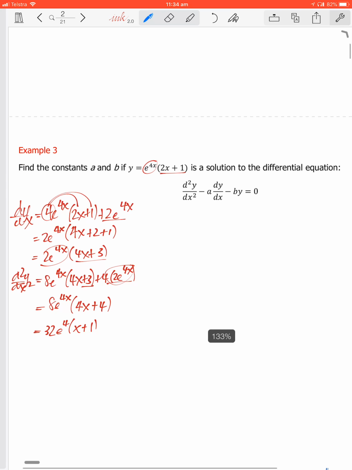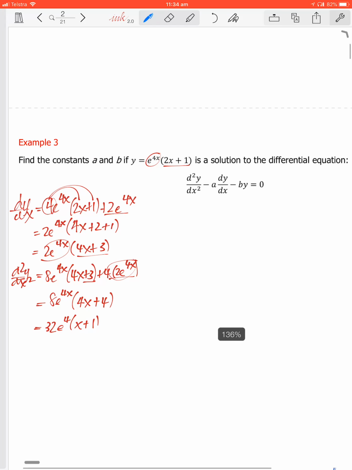Okay, find the constants a and b. That's a solution.